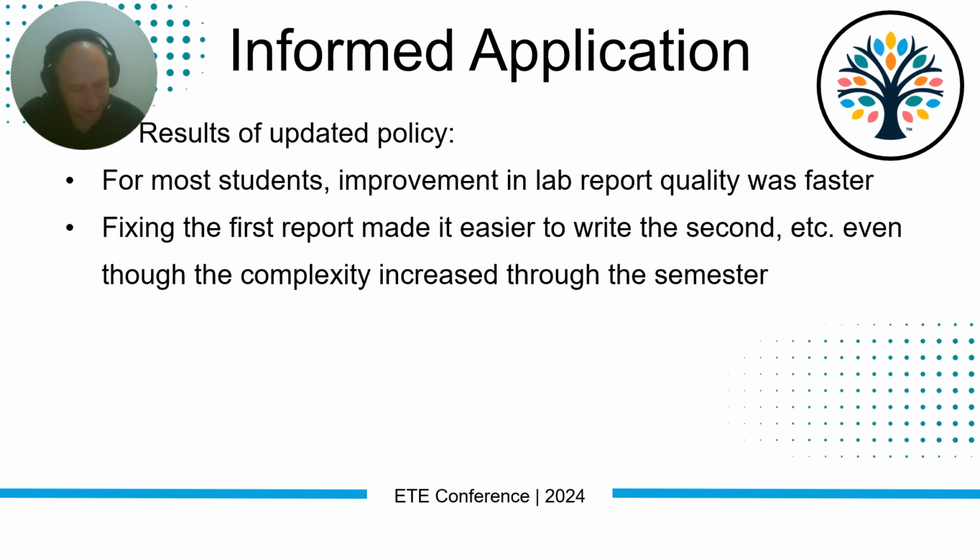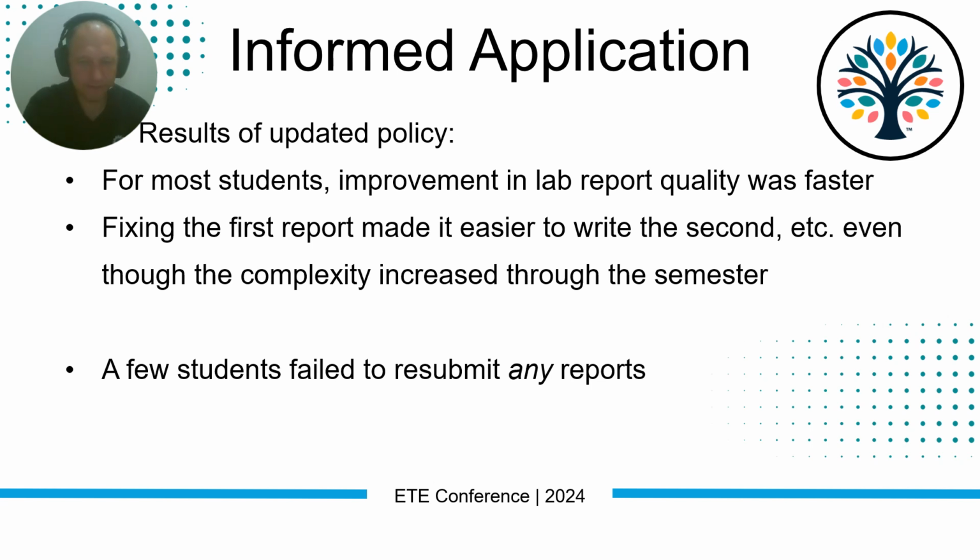As you go through that semester, this is the first course where students are writing lab reports. The complexity of the lab report increases throughout the semester, and once they got the hang of it, they could match that increased complexity with their reports and would do really well.